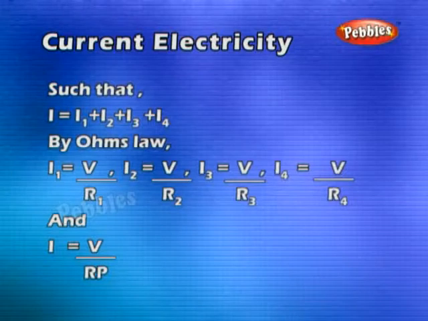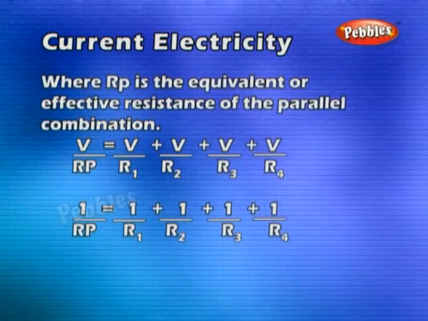Such that I = I1 + I2 + I3 + I4. By Ohm's law, I1 = V/R1, I2 = V/R2, I3 = V/R3, I4 = V/R4, and I = V/Rp, where Rp is the equivalent or effective resistance of the parallel combination.